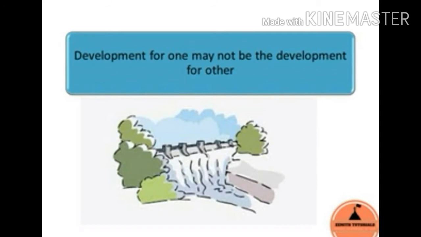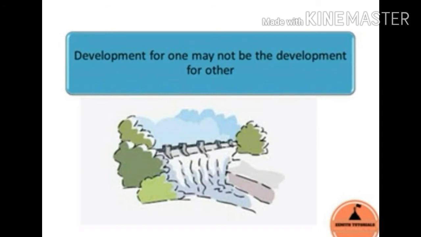Their migration is forced. These people are also poor people and sometimes tribal people. A large amount of the disadvantages is faced by the tribal people and the poor people. They have no option but to leave this area, and that's why development for one may not be development for others.